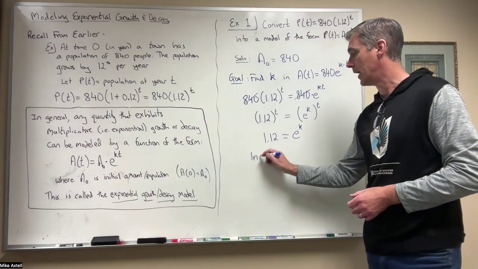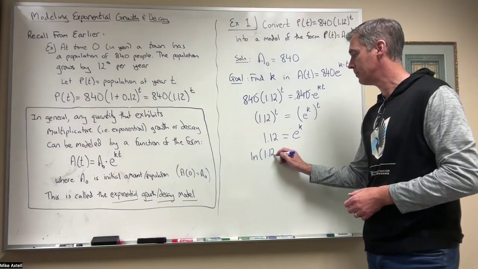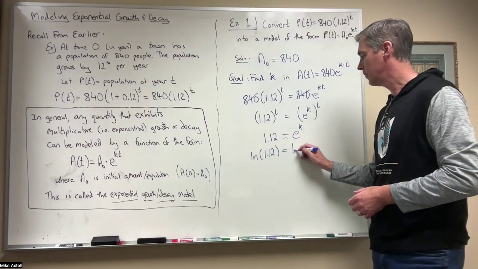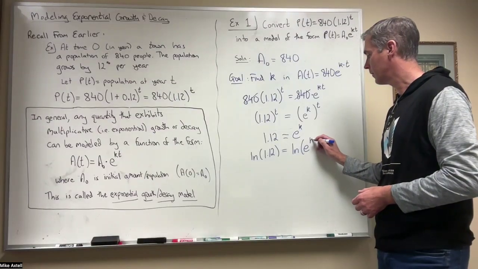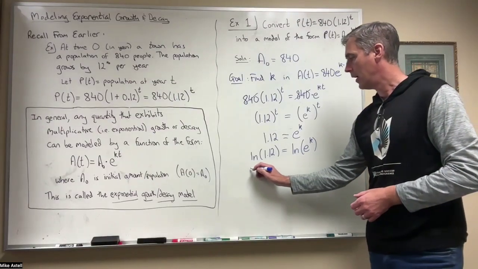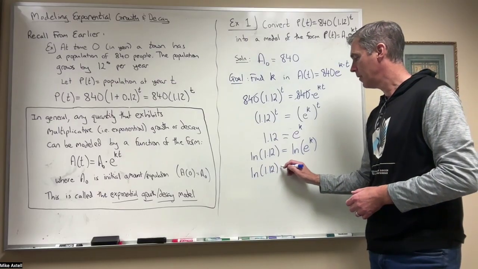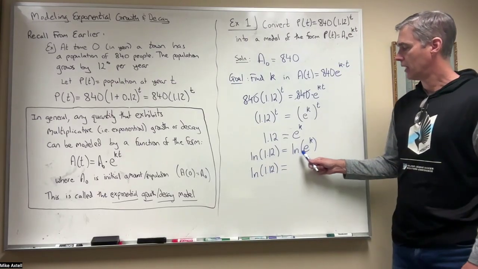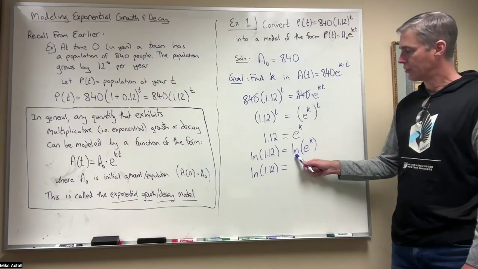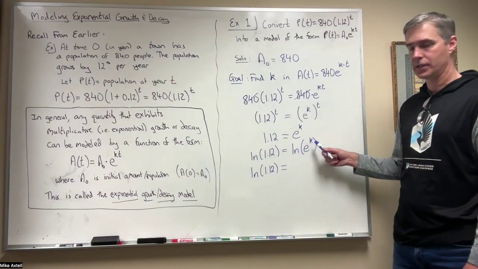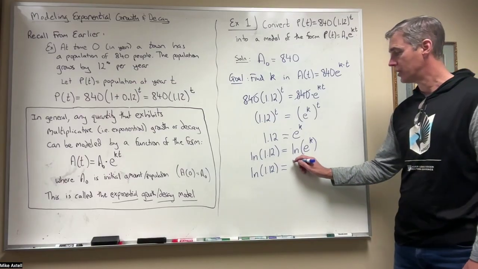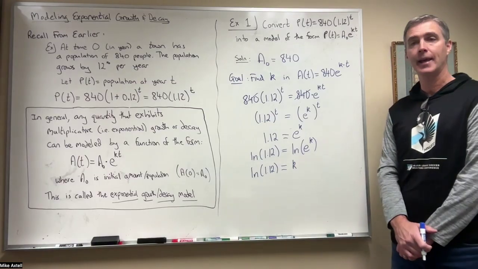So I'm going to take the natural log of both sides. I get the natural log of 1.12, and the natural log undoes what e to the x did, returning just the x, which in our case is k.